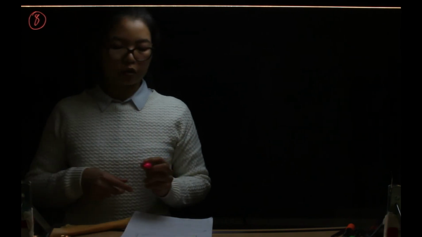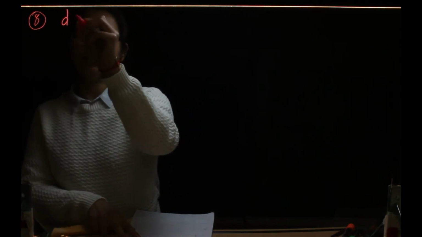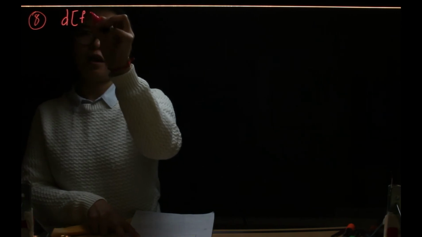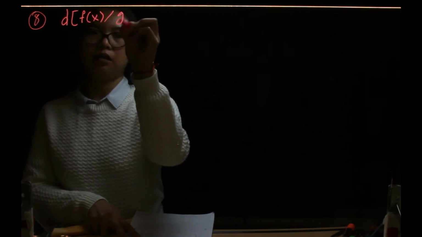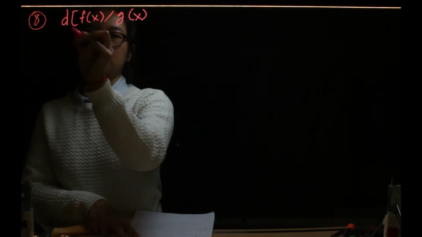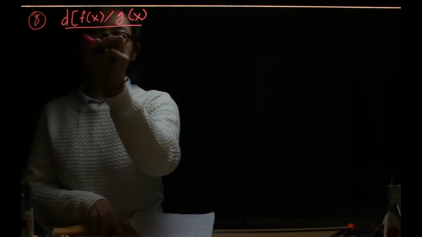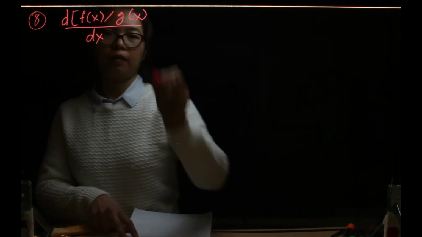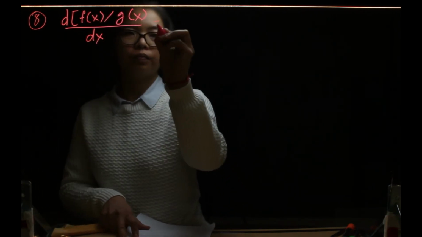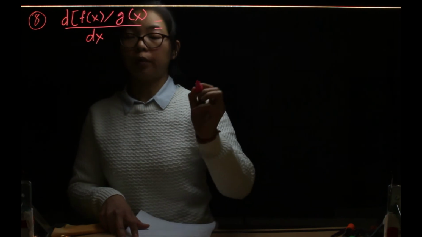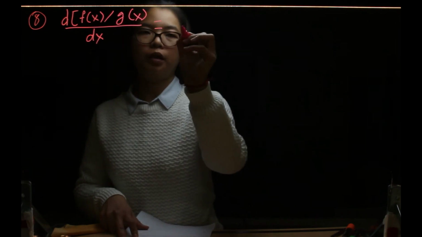Now there come the last two rules. Number 8. So we have seen how it works for the product of two functions. Now it's about the quotient. So let's say we want to take the derivative of f(x) divided by g(x) with respect to x, right? So it will be two parts. The result will also be a quotient.